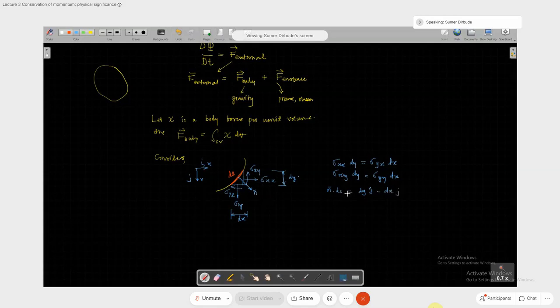So finally, combining this system, we can write dy, minus dx in a matrix form with sigma xx, sigma xy, sigma yx, sigma yy, equals n dot sigma dS. Sigma is the stress.